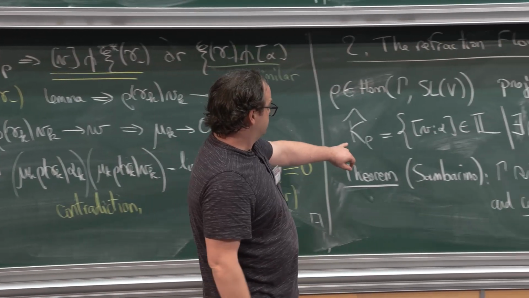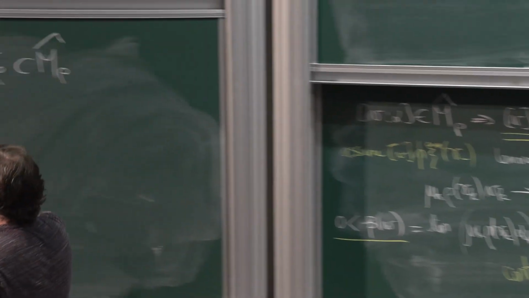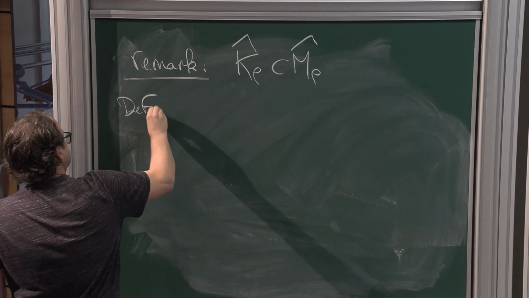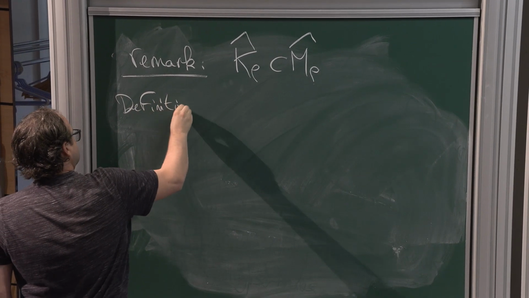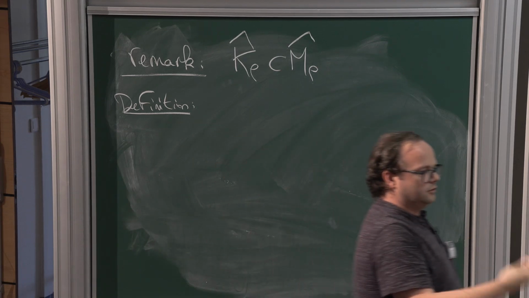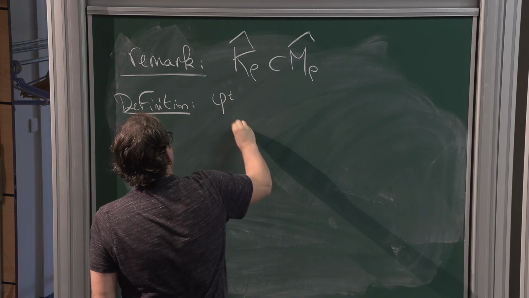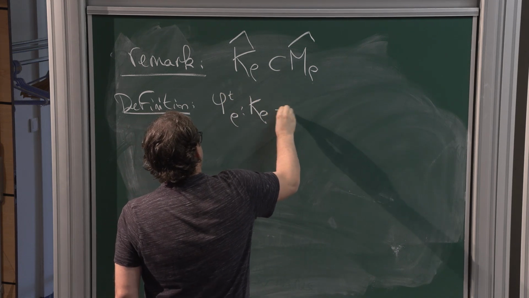The whole point in constructing this is that K rho hat is also invariant under the flow that we had in L, so we have a quotient flow on the quotient K rho.